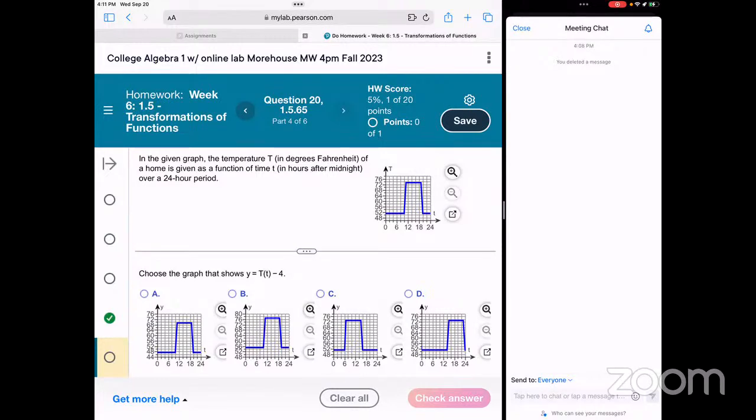Wait a minute. If that is 74, then it needs to go down to 70. So B doesn't look right. Let's try A, and 70 in A looks better.